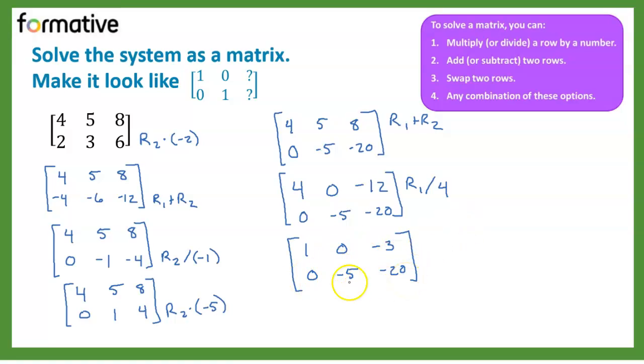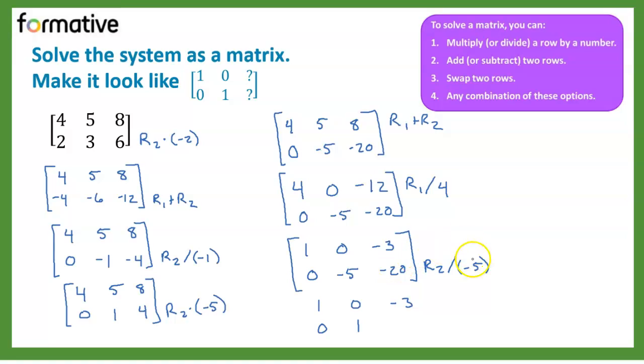How do we get this -5 to be 1? It's the exact same method. We're going to take row 2 and divide it by -5. So our top row we have 1, 0, -3. Our bottom row we have 0 divided by -5 is 0. -5 divided by -5, that's a positive 1.